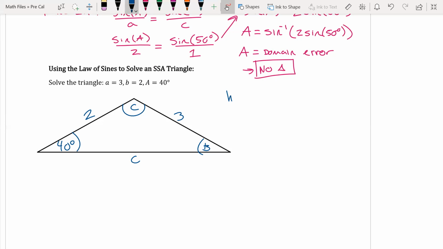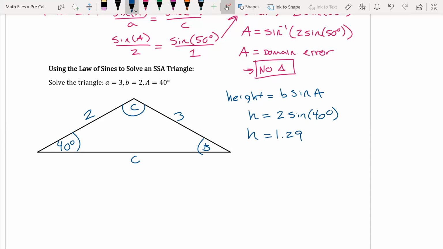So remember that height is given by the formula B times the sine of A. So here we have a side B and we have an angle A. So H is going to equal side B, which is 2, times the sine of angle A, which is 40 degrees. And let's see what this gives us. 2 sine of 40 gives me 1.29. So the height of this triangle is 1.29.